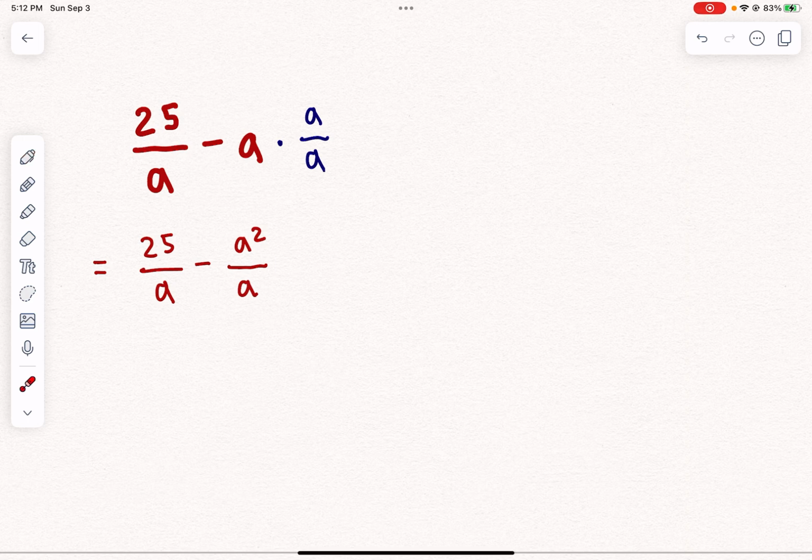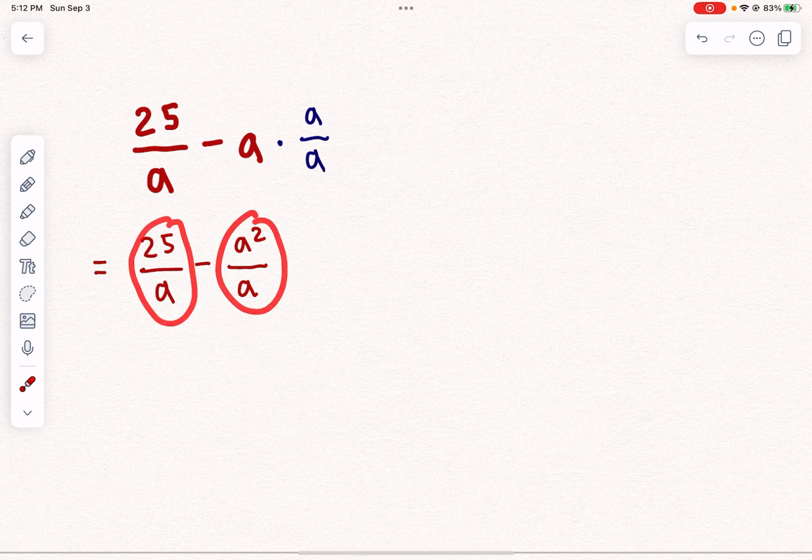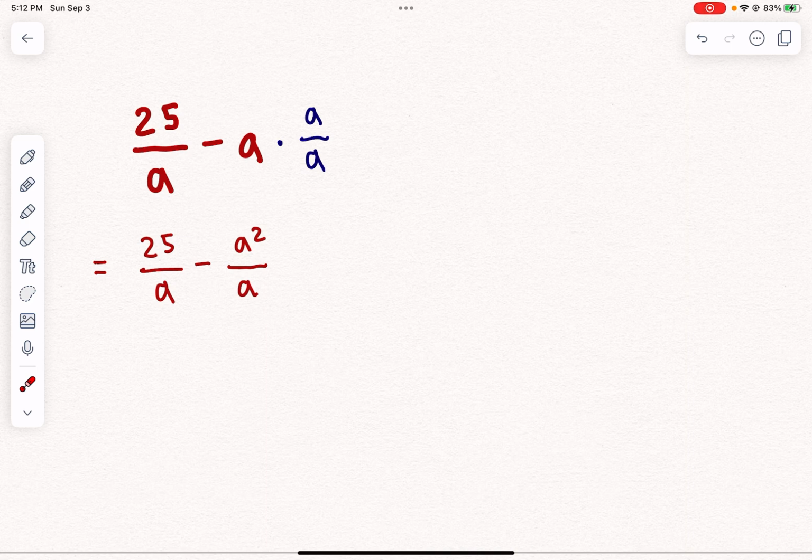If we continue with this, notice that now these have the same common denominator. So now you can combine these expressions. Be real careful with this negative here. So this is equal to 25 minus a squared all over our common denominator, which is a.